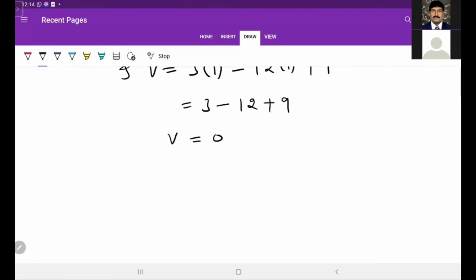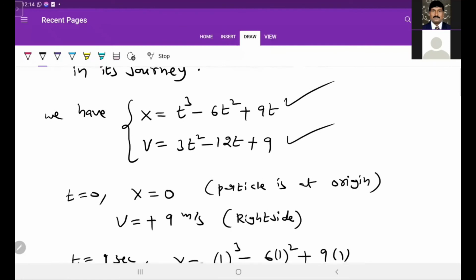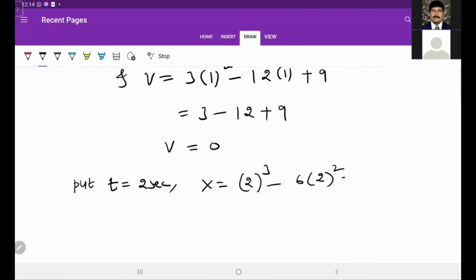And next put time 2 second. So we get position. Substitute in the position equation, t cube, that means 2 cube minus 6 into 2 square plus 9 into 2.